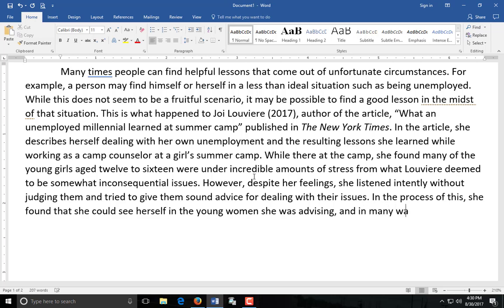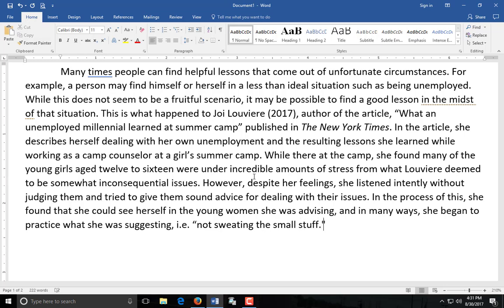And in many ways, she began to practice what she was suggesting, i.e., that's a quote from the article.